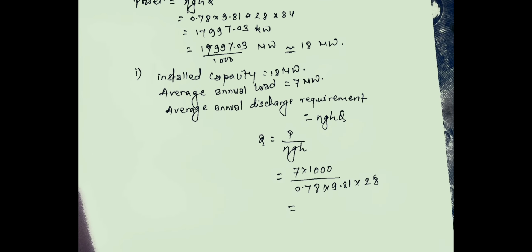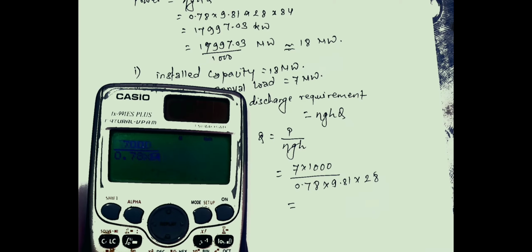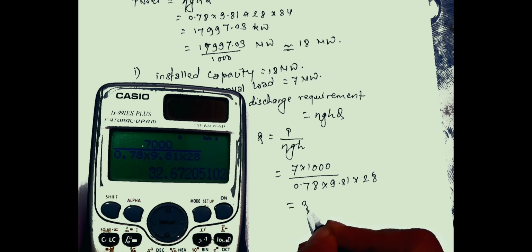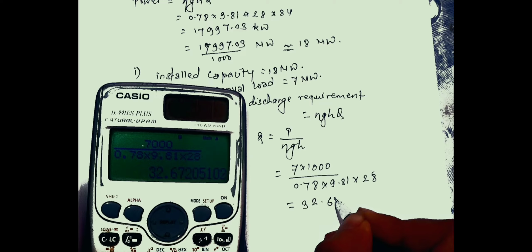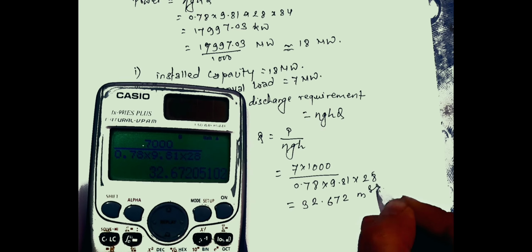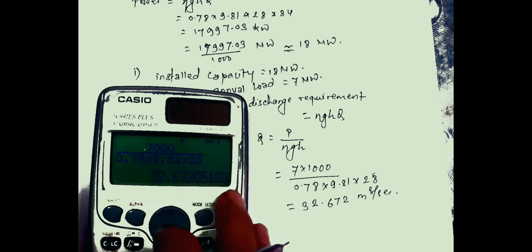On solving this, 7000 is divided by 0.78 into 9.81 into 28, which gives 32.672 meter cube per second.